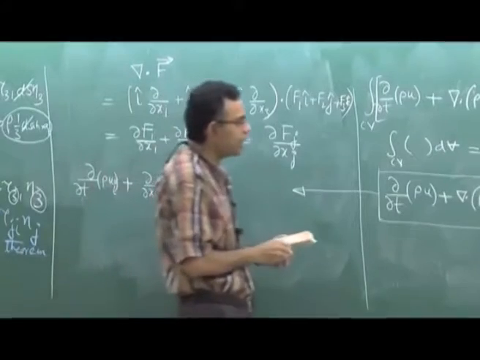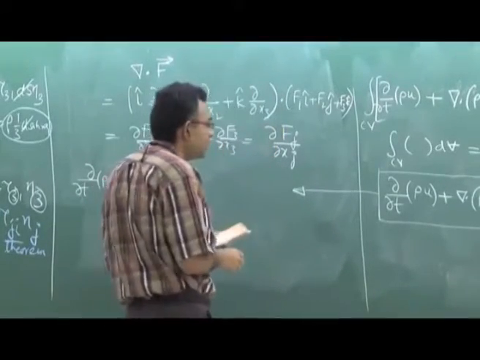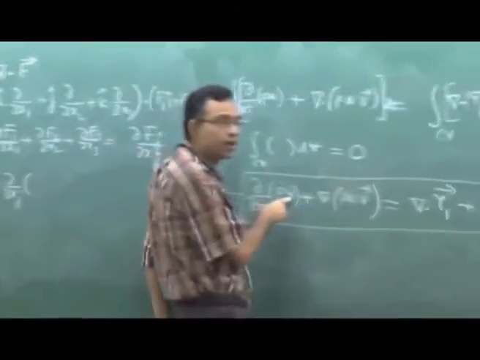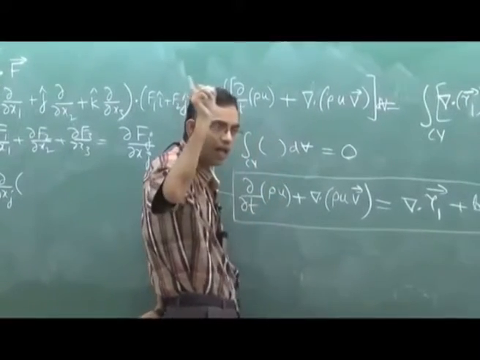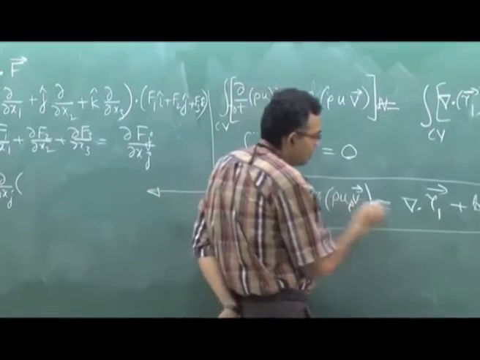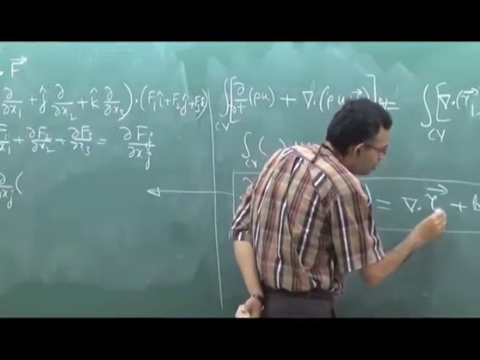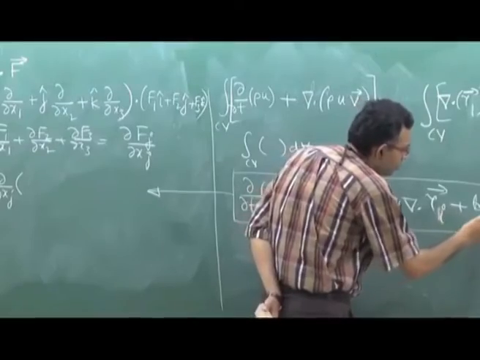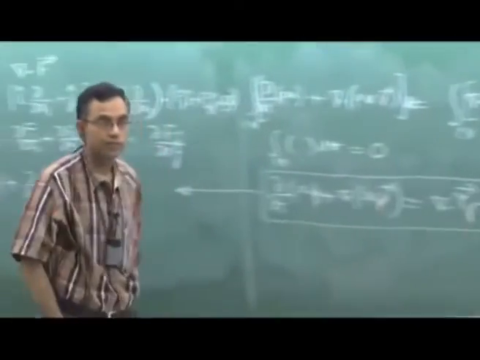So let us say that we are interested, before writing this equation, let us say instead of the x component of velocity we are interested in the ith component of velocity, then u will be ui, and in place of tau 1 it will be tau i, instead of b1 it will be bi, right.